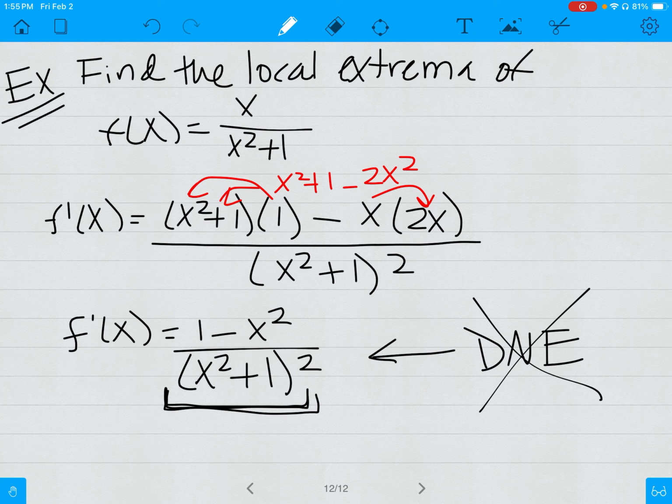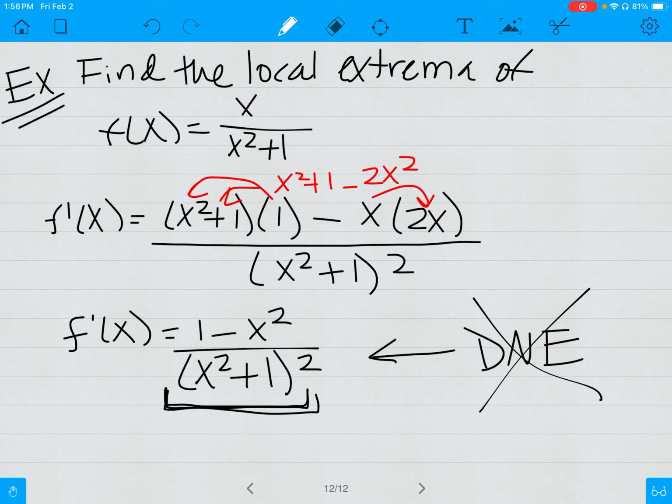My denominator is now 1. It's not 0. Even if I tried to put in a negative 1 to try and cancel out the positive 1, because I'm squaring the x value, negative 1 squared is going to be positive 1 plus 1 squared. Nope, still not 0. So this is actually defined everywhere. So we don't have to worry about places where f prime of x does not exist.